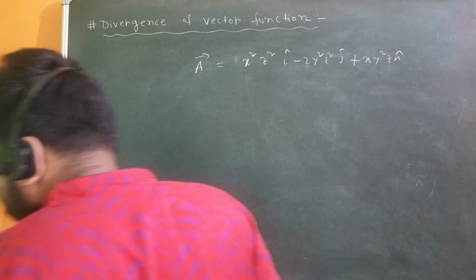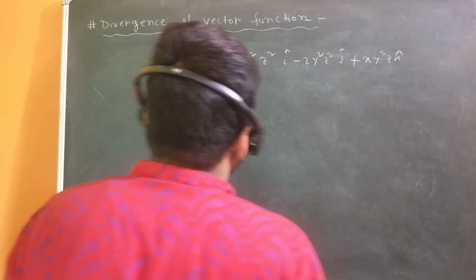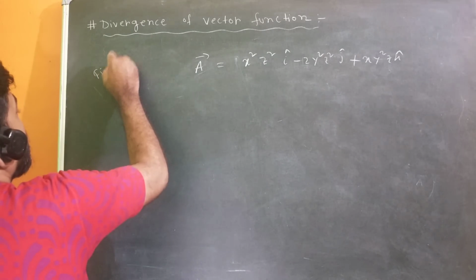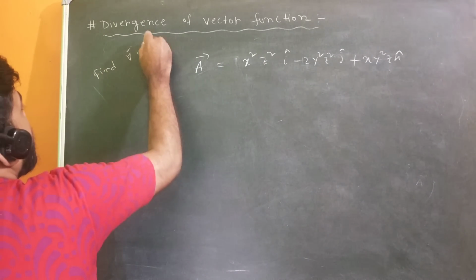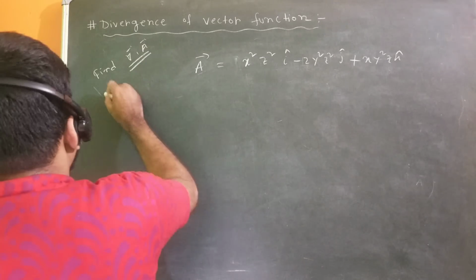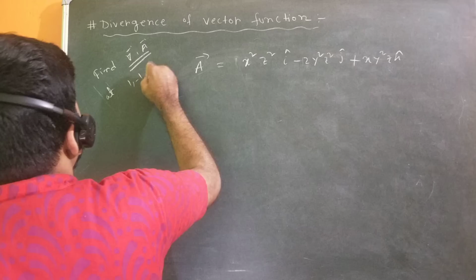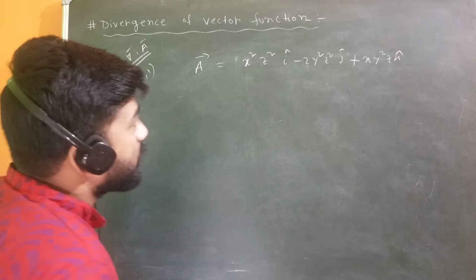Okay, so this is a vector function, and you have to find divergence A at the point, and the point is given as 1 comma minus 1 comma 1. So you know what you have to do.